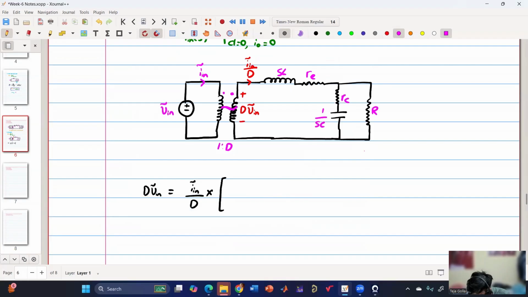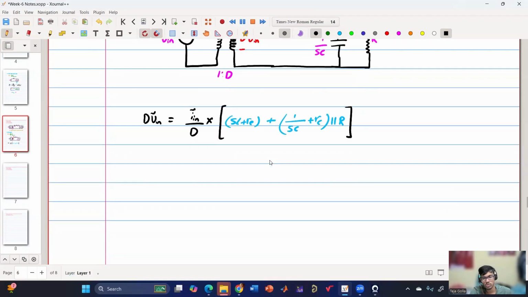So instead of SL, we have SL plus RE, plus 1 by SC plus RC, parallel resistance R. If you simplify, it will become a complicated expression, and sir has simplified it into poles and zeros.